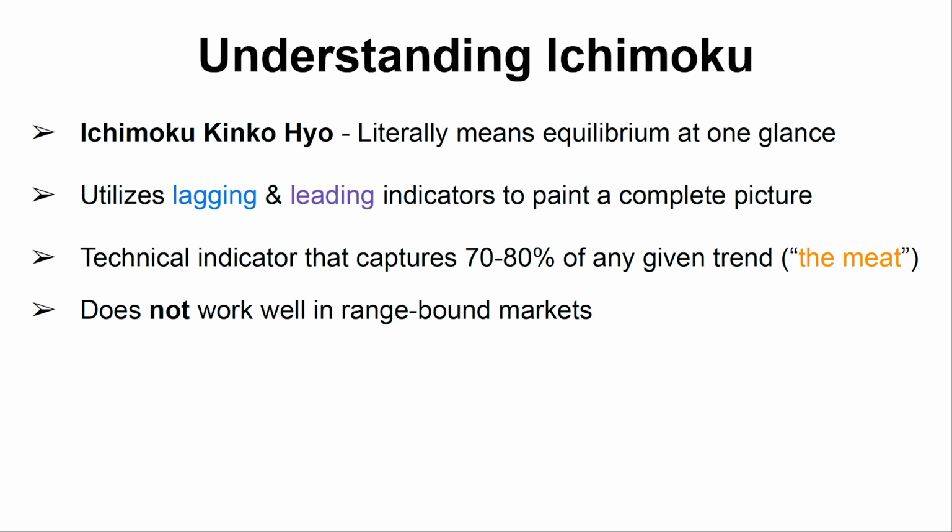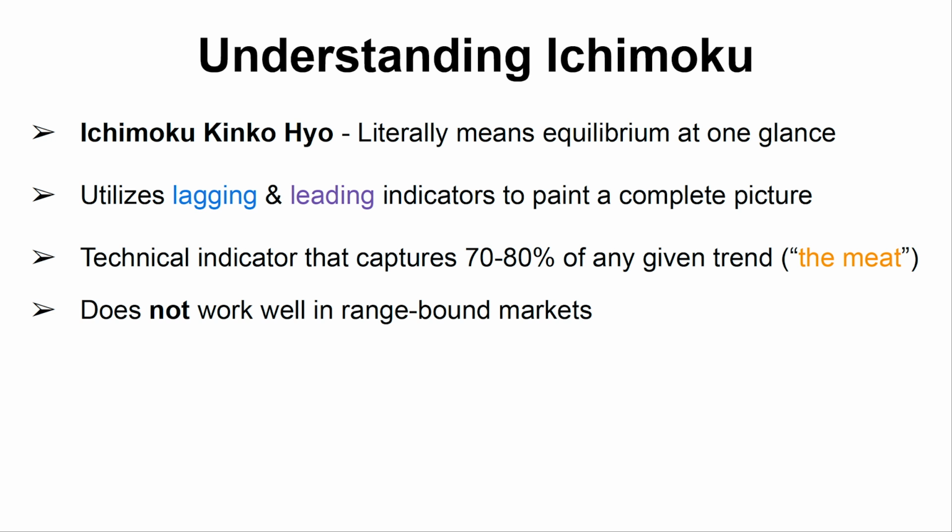If we remember from Module 2 from the previous course, identifying the type of market we're in is essential, since some strategies work better than others depending on the market conditions. So again, I'll say this one more time to really ingrain it. Ichimoku does not work well in range-bound markets. Use the skills you learned in the previous course to help you identify whether price is trending or range-bound. This will save you a lot of headache down the line.